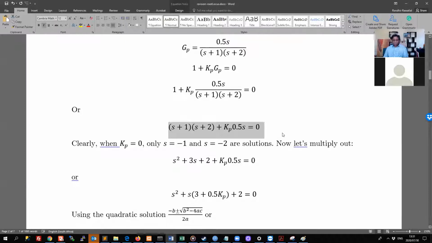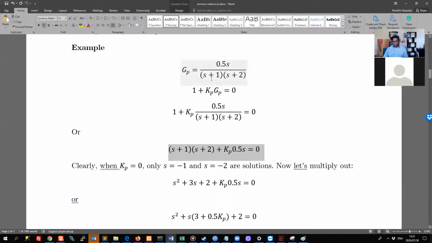So those are two solutions. And as we said, the poles are where our loci start. So when we say start, we mean Kp is 0. And then as Kp increases in value, we are moving further along the curve. So we are generating a curve that varies as we increase Kp, right? So that's where it starts.